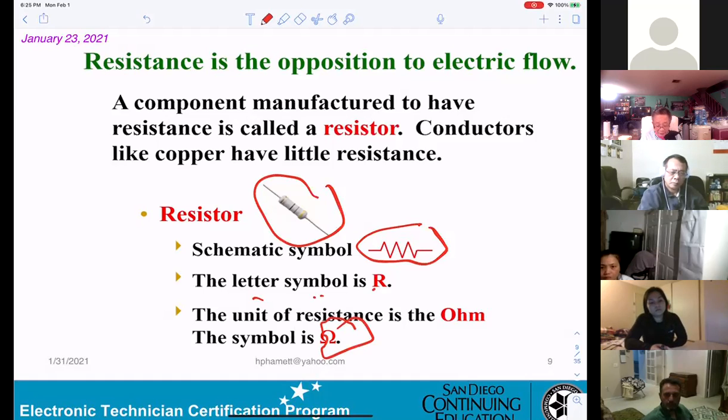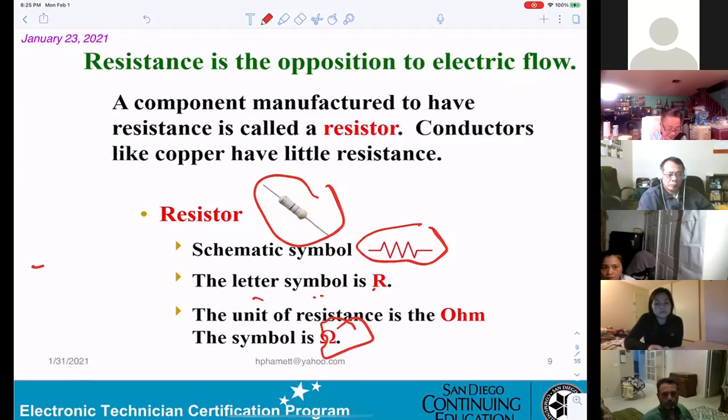Make sure you understand resistance is opposition to the current flow. You get less resistance, you get more current. If you get a bigger resistance, you get less current.